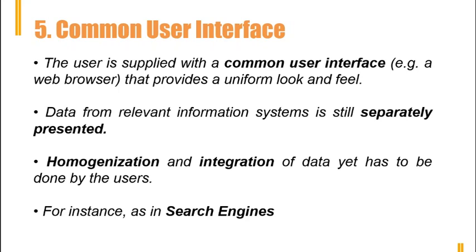The screen, the monitor of your PC or laptop is your user interface. Data from relevant information systems or business intelligence systems could still be presented separately, or you can unify them together. So it's up to you. It's mainly a choice of the user.